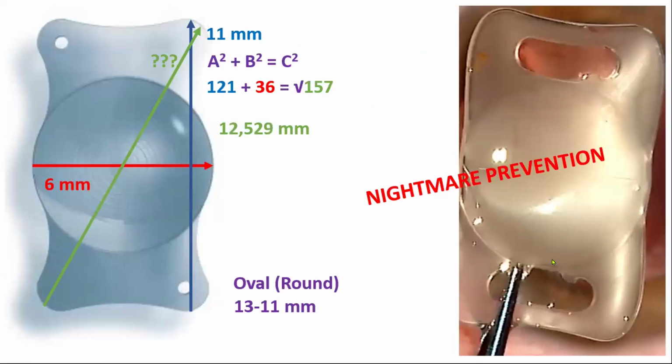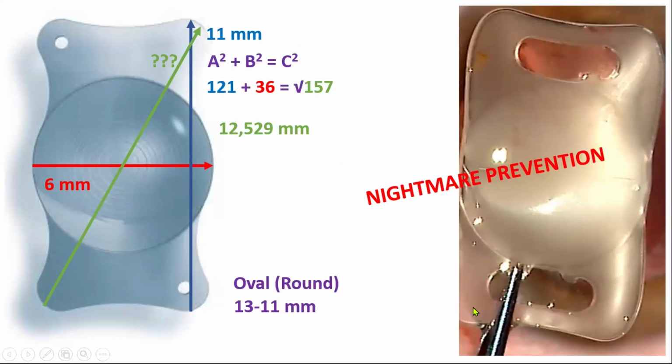Okay, why do I use round and 13 millimeter rings in plate lenses? First of all, to prevent the nightmare of lens problems. I don't know if in Singapore you had this problem, but here in Spain we had an epidemic of IOL opacification.